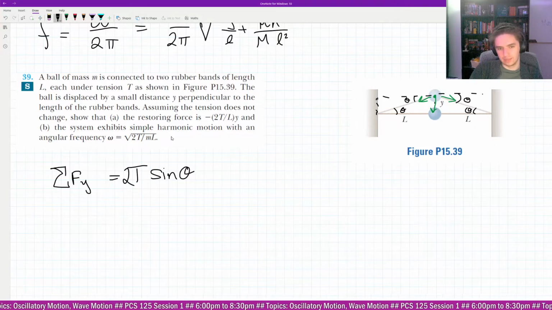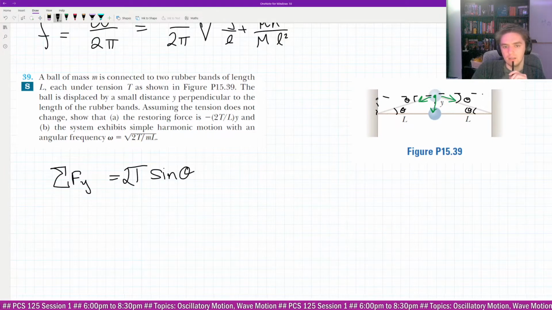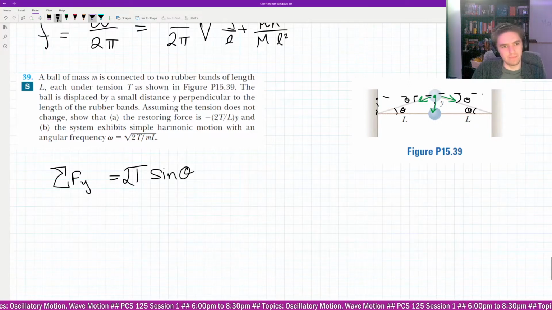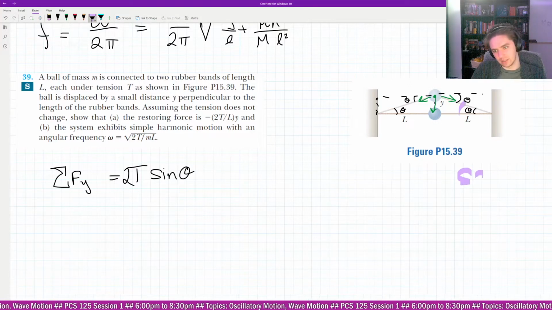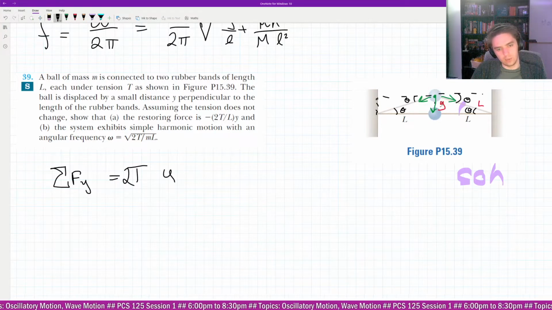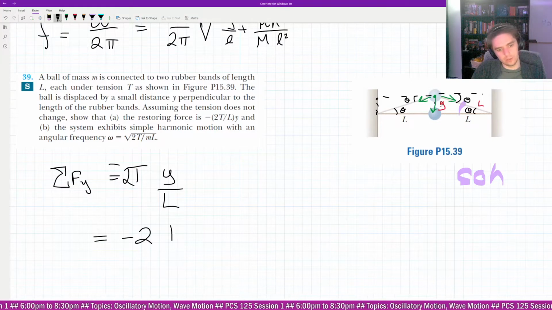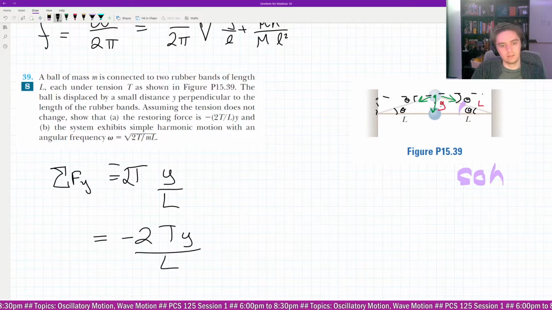We can just convert sine theta to y by L. Because sine theta is opposite over hypotenuse, so it's going to be y by L. This up here is L, so we can say this is y by L, and it's in the negative direction, so it should have been negative in both cases. And there we go, negative 2Ty by L.